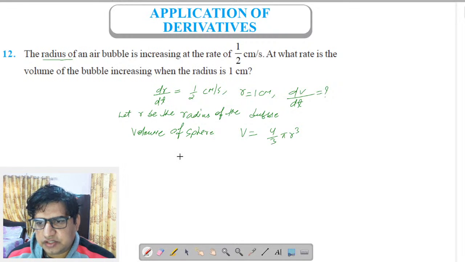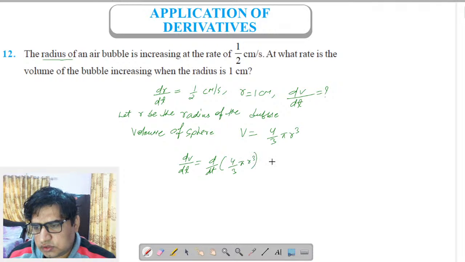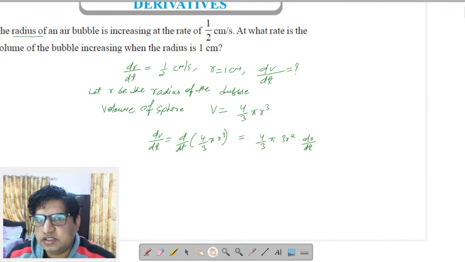And in this, what we can do is differentiate V is equal to 4 by 3 pi r cube with respect to t. So that will be dv by dt is equal to d by dt of 4 by 3 pi r cube, and that will result into 4 by 3 pi taken out common because that is a constant, and differentiation of r cube will be 3r square into dr by dt. Okay, and here the value of dr by dt is already given to us, so we'll simply use that value.